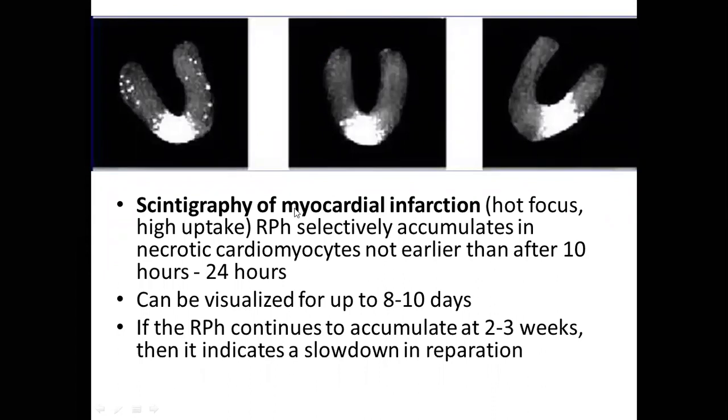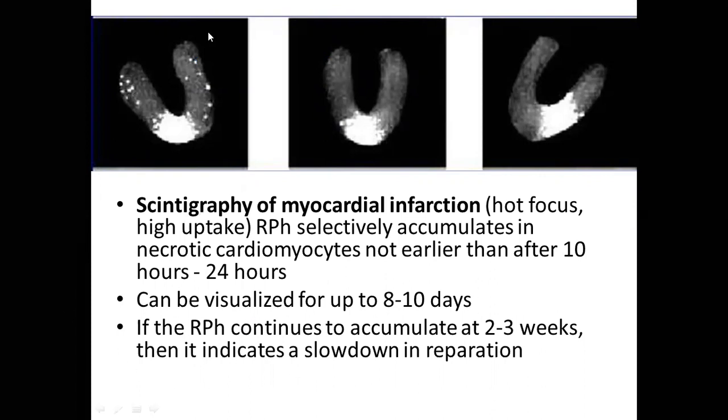However, if we are using a different radiopharmaceutical than pertechnetate right here, only damaged cardiomyocytes accumulate these radiopharmaceuticals. And you can see some smaller spots of accumulation dispersed in the left ventricle right here.